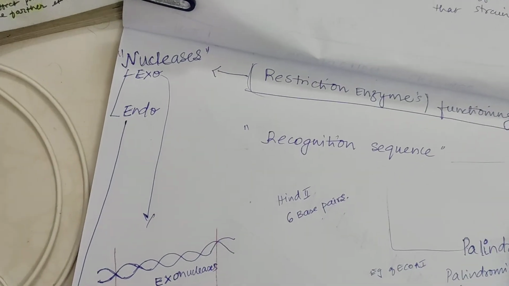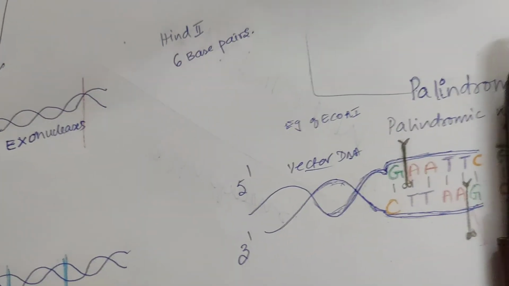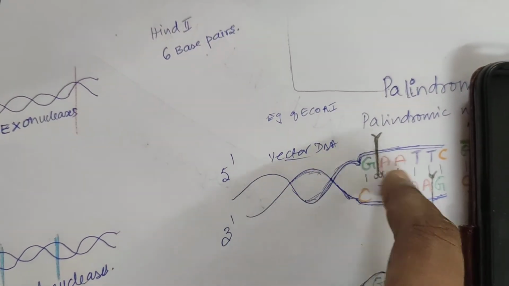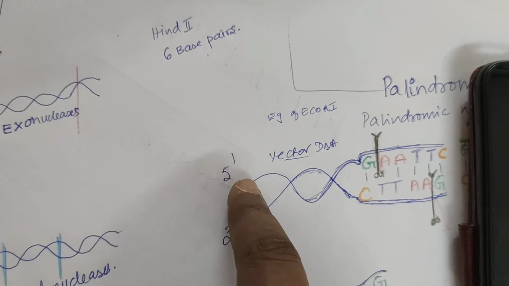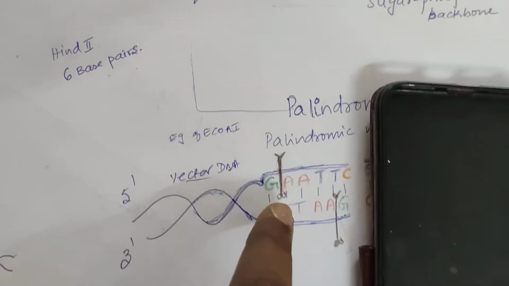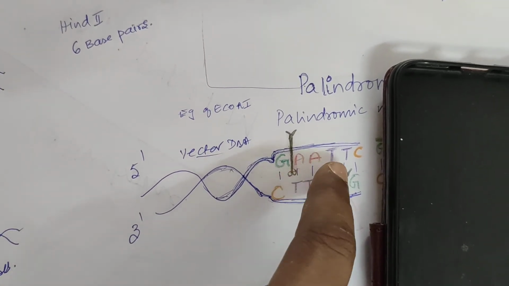Now if you take this E. coli restriction enzyme, it will identify a sequence in the vector DNA. Now this is the double stranded DNA. In this strand, if you see the 5' to 3' direction, you can see the nucleotides arranged as GAATTC.